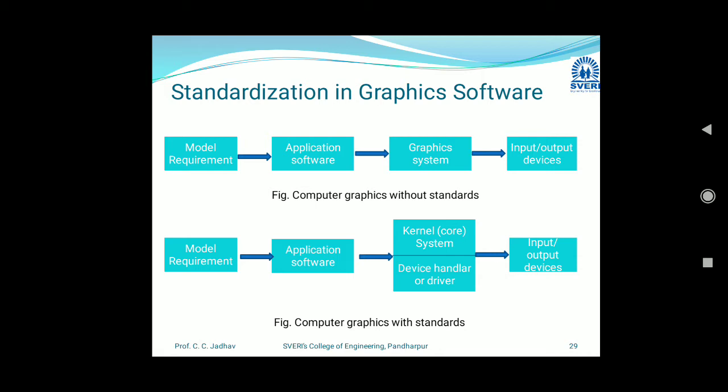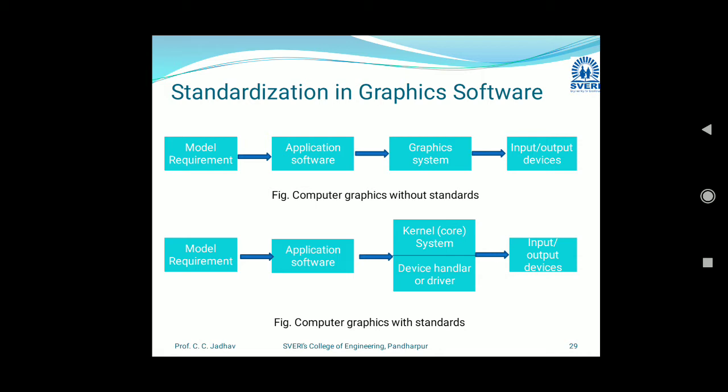Then, considering the above objectives, national and international organizations started working on this graphics standard. Just see the second figure, that is a computer with graphics standards. In that we are introducing the kernel core system and device handler driver. So this is the graphics system with standards.